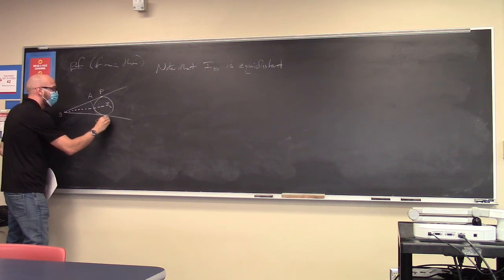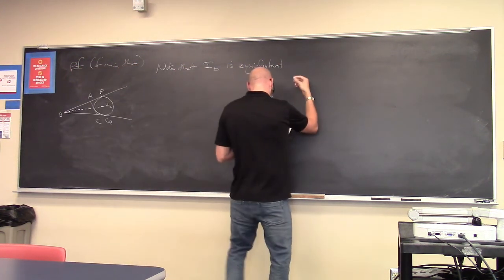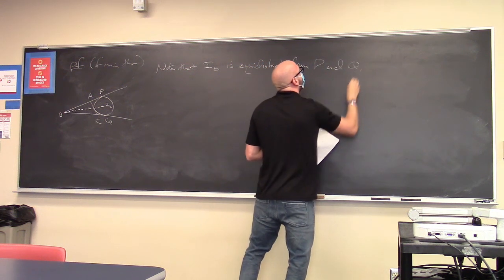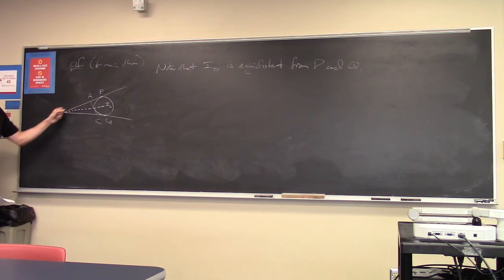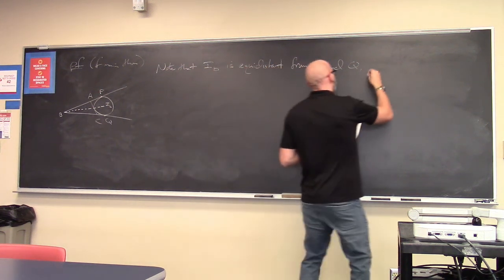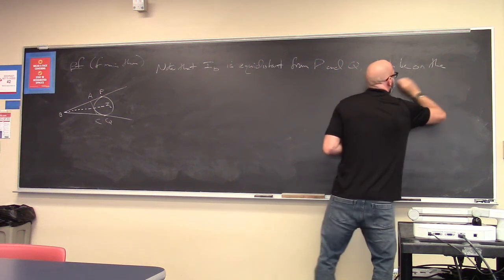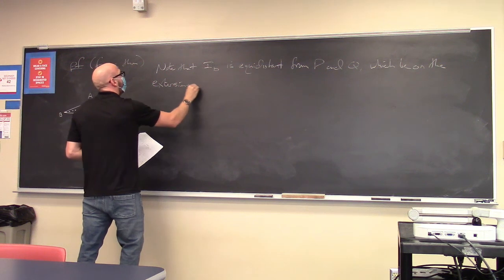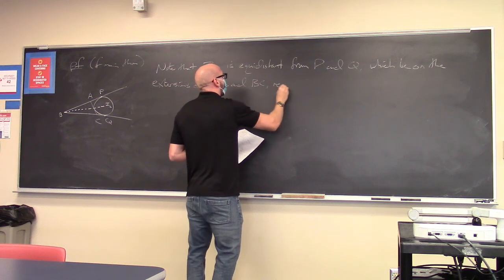and I lied. I do want to label this point Q. It's equidistant from P and Q. And both of them lie on the extensions of AB and BC, respectively.